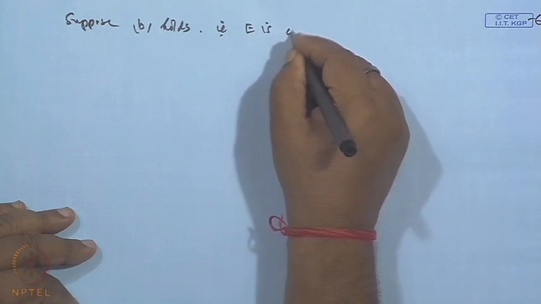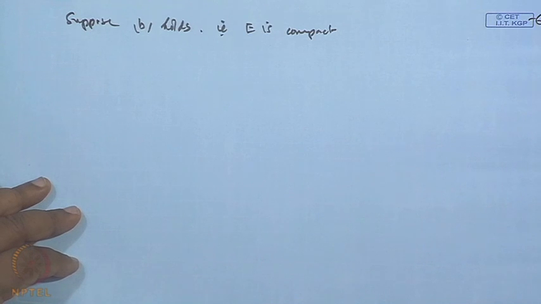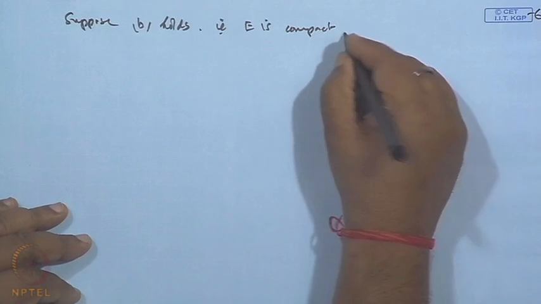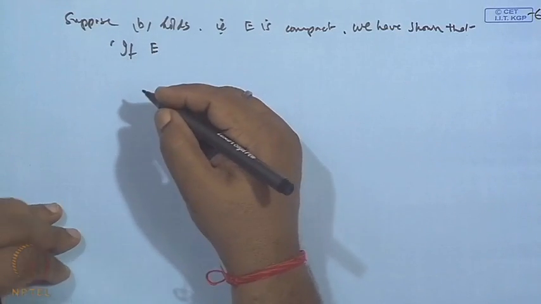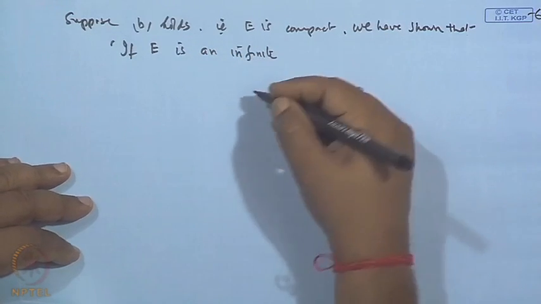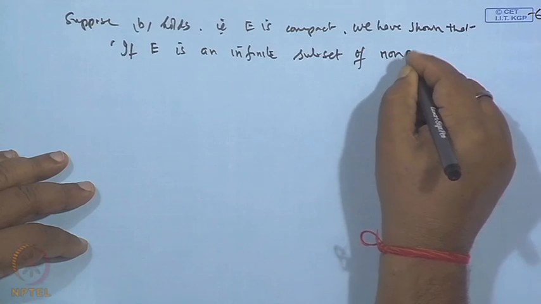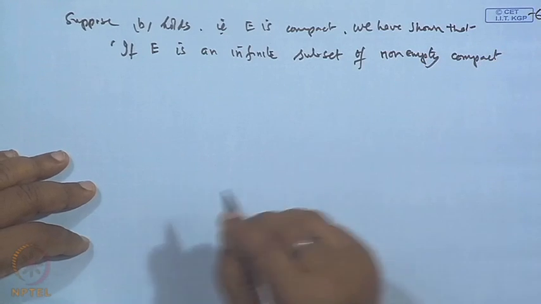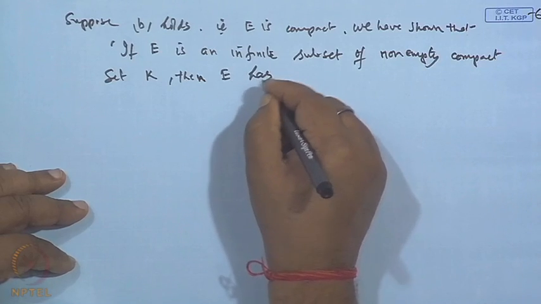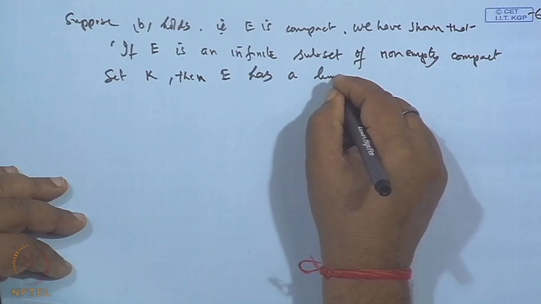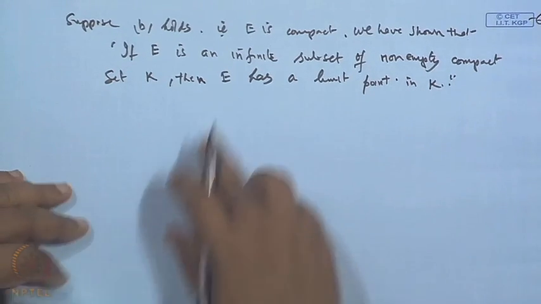We have already proved that if E is an infinite subset of a non-empty compact set K, then E has a limit point in K. This we have shown. So, here E is compact, already given.